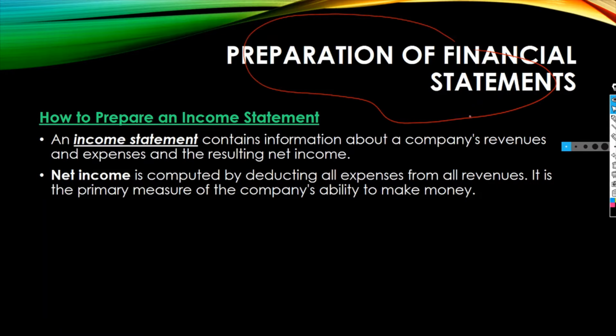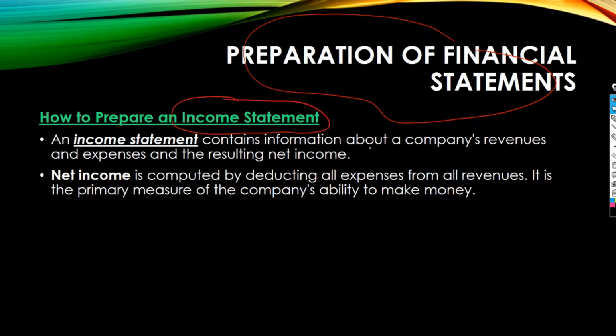So it is a presentation to be given to the users, and these reports or statements will be used by the users to make sound decisions. Again, this financial information will be presented in financial statements so that the user can use it in making decisions. The first thing that we have to prepare is the income statement.